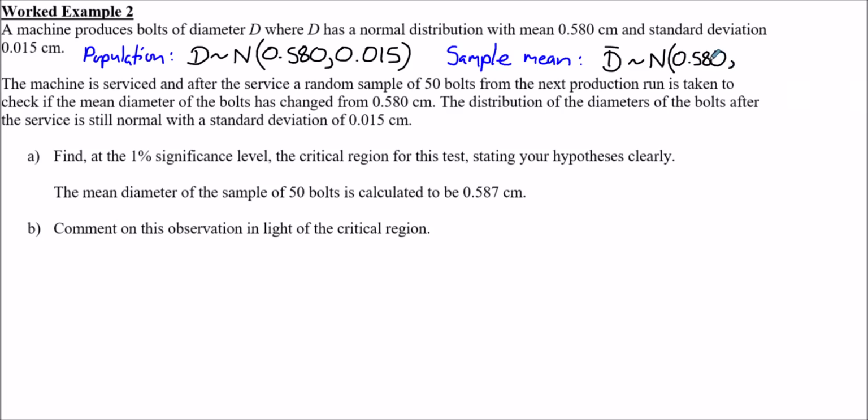And here, the distribution of diameters of the bolts after the service is still normal, and the standard deviation hasn't changed. So this is the standard deviation, so we square that, I should have done. And over here, because now it's a sample, we take the variance, 0.015 squared, and we divide through by the size of the sample. So here, in the sample, we're taking 50 bolts, so we divide through by 50.